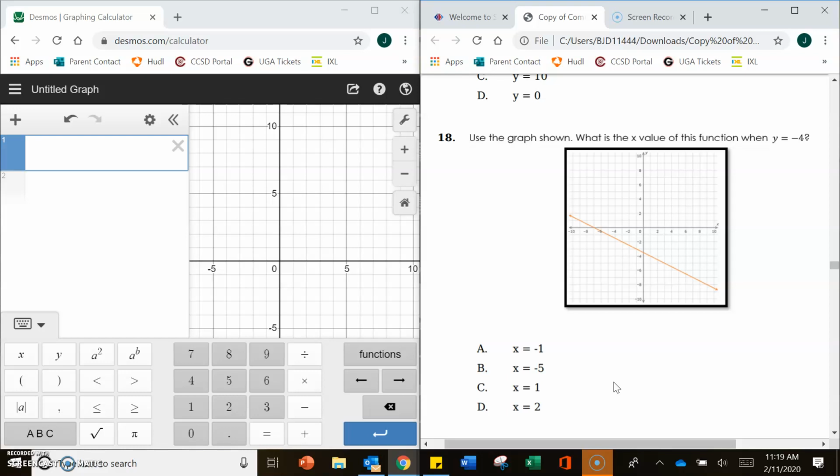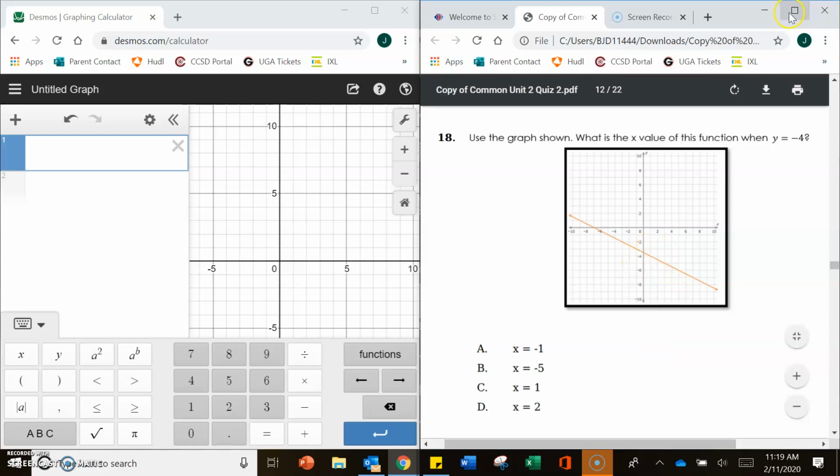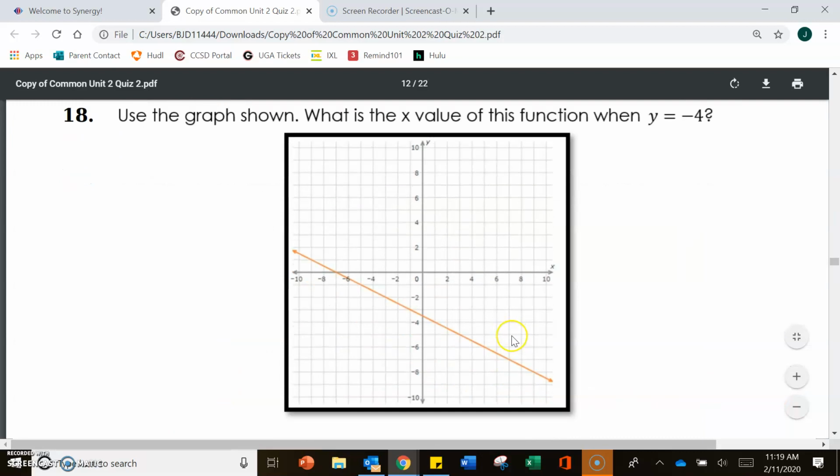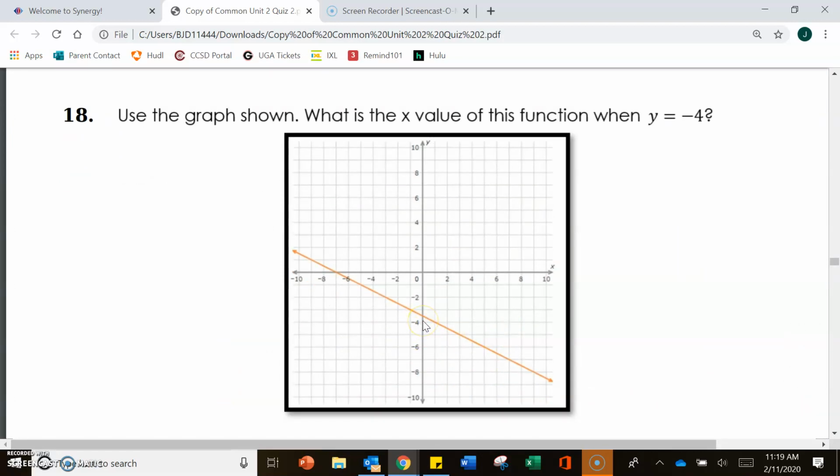I have a graph, so where should I start at? Yeah, correct, where y equals -4. So y equals -4 right here, and I'll make this a little bit bigger. Okay, y equals -4 right there, correct? So what do I need to do after I go where y equals -4?